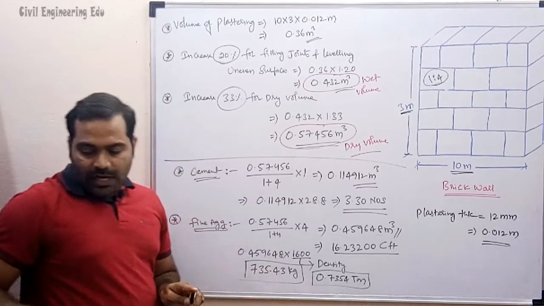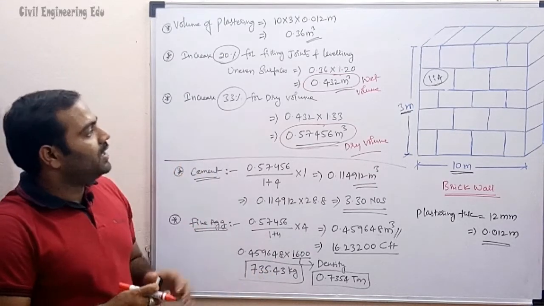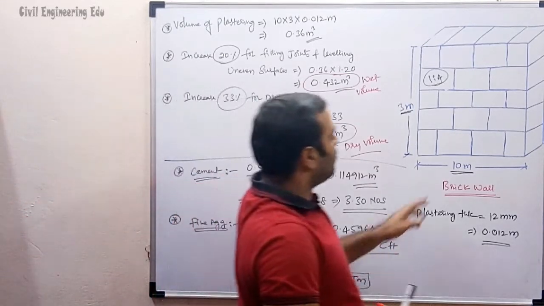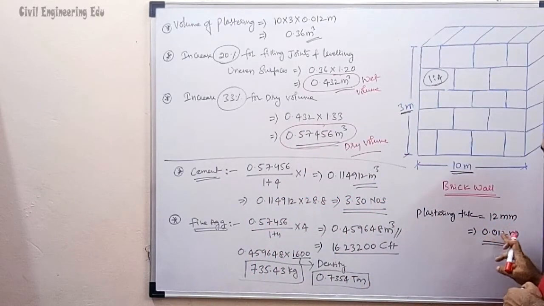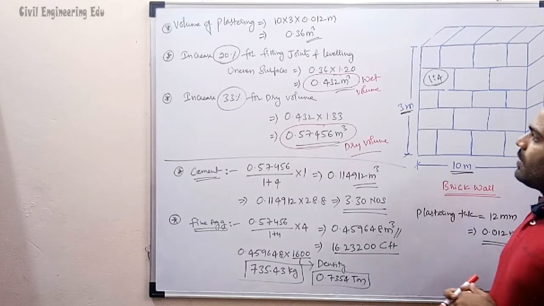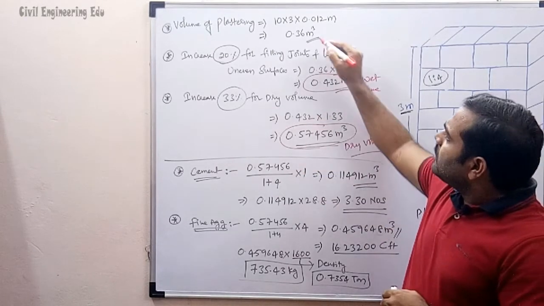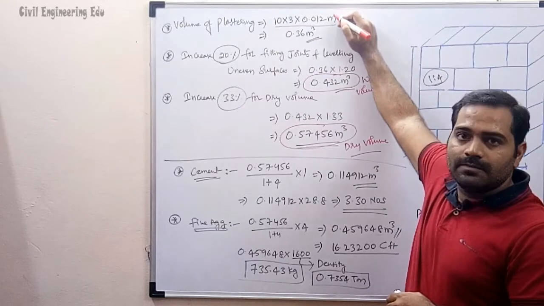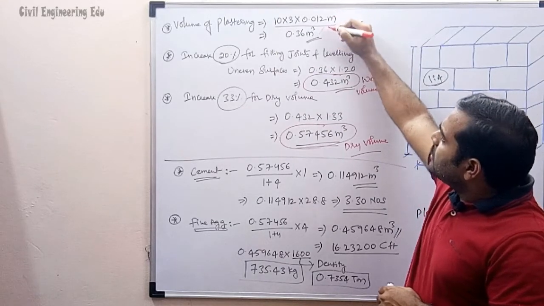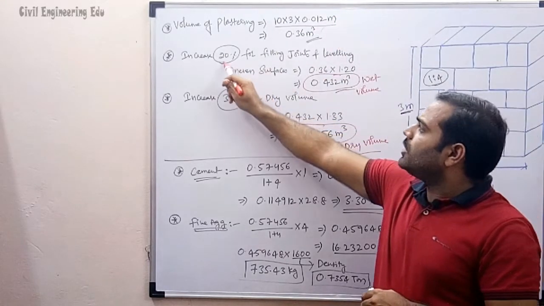So this is how we calculate the quantities required for plastering of a 10 meter by 3 meter wall for 0.012 meter thickness of plastering. It is very simple. First of all we calculate the volume of plastering. I got 0.36. Next I need to increase 20%.